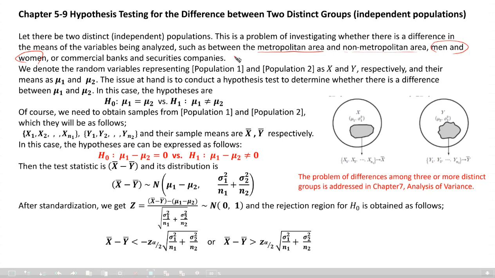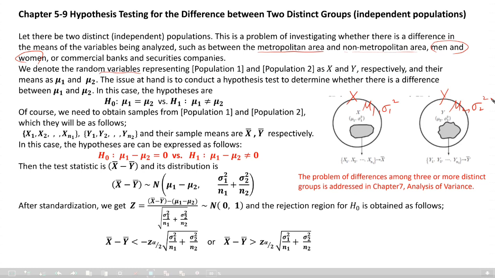We denote random variables representing population 1 and population 2 as x and y. Their means are mu1, mu2, and variances sigma 1 square, sigma 2 square. That is a set of two populations.